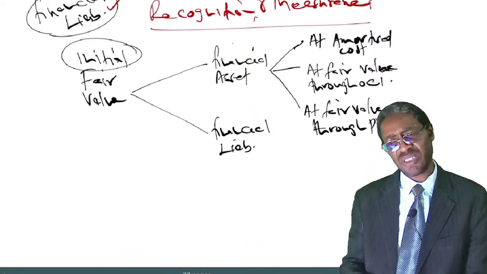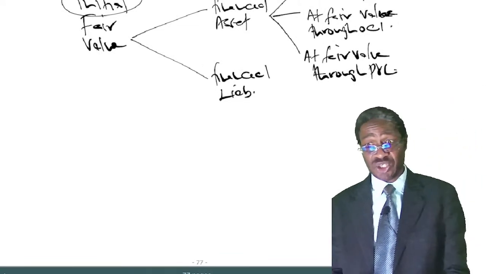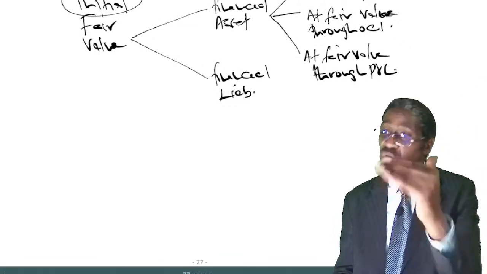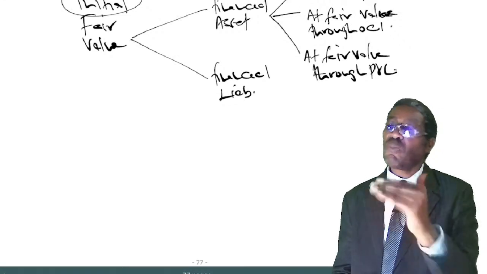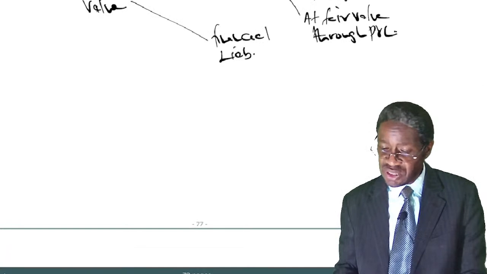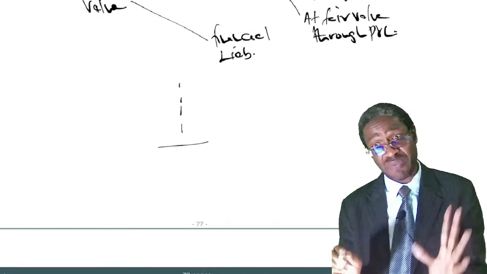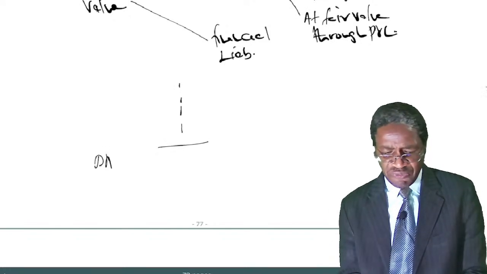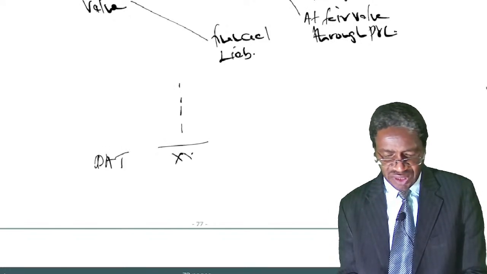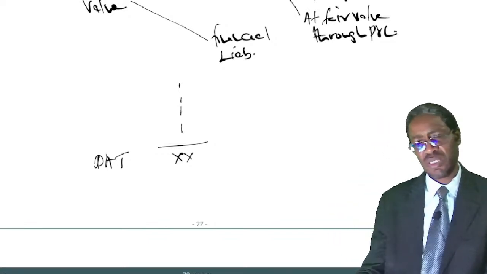Of course, listen, you have done the topic called published accounts in your financial reporting. So you know when I say other comprehensive income, it means once you prepare your normal income statement, you remember, once you get your profit after tax, that's what we call the normal income statement.